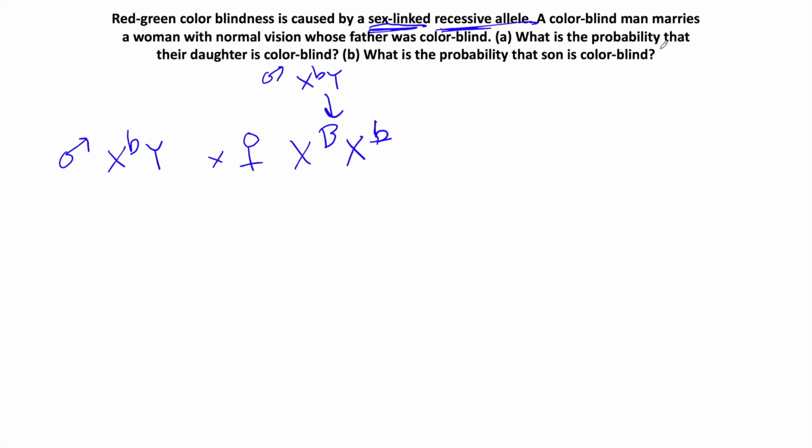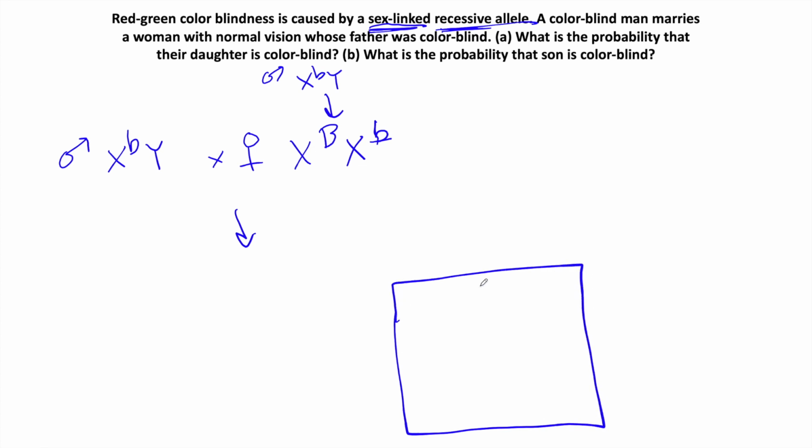And it asks, what's the probability that their daughter is colorblind? What's the probability that their son is colorblind? So to solve that, what we're going to do is a Punnett square. We draw out a four-square Punnett square, and we put the possible gametes from the father on the top. So that'd be X little b or Y. Possible gametes from the mother are X big B and X little b.